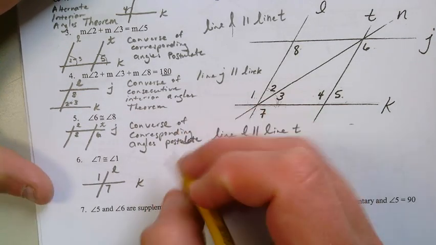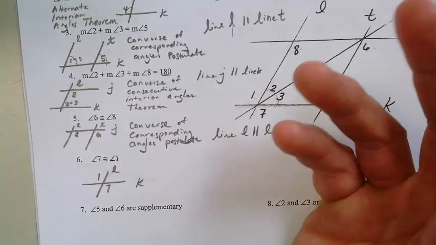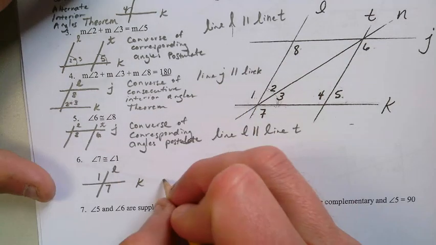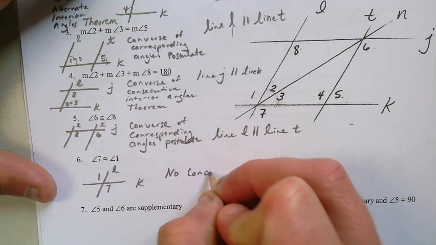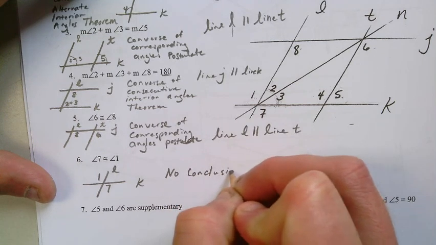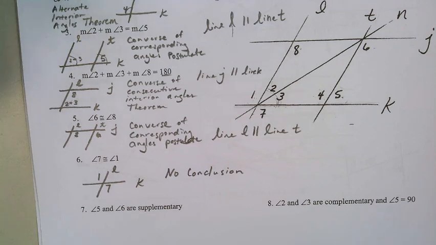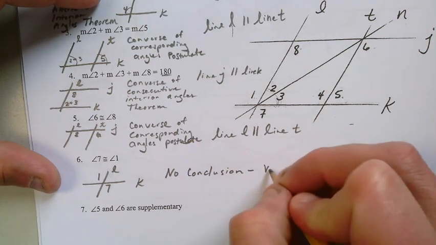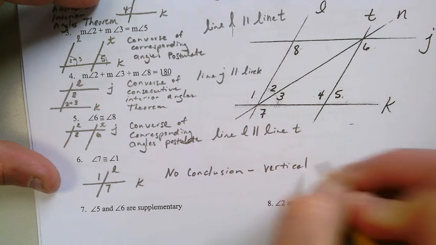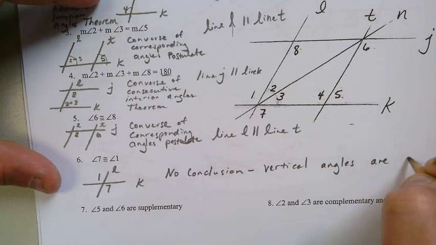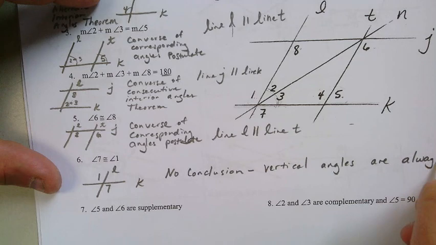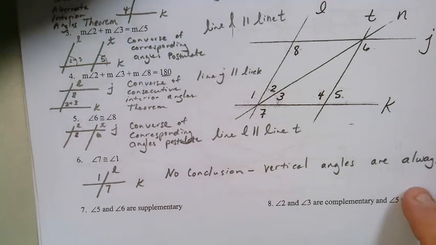And so you can put no conclusion, because there may be parallel lines, but we can't prove them with this information. And maybe I'll even add this: vertical angles are always congruent.